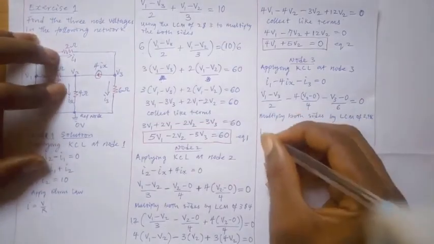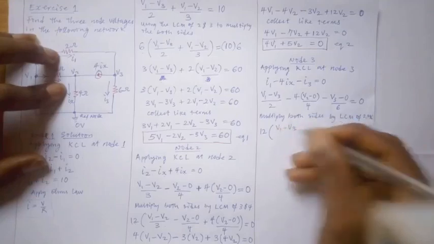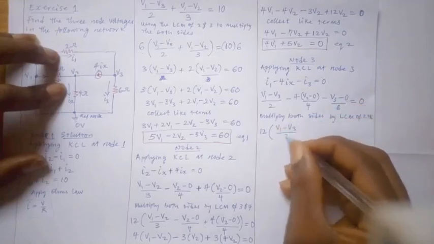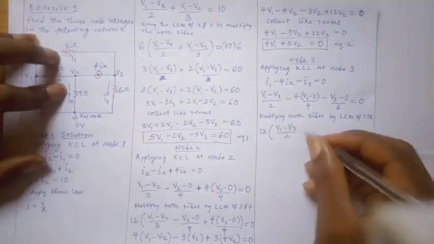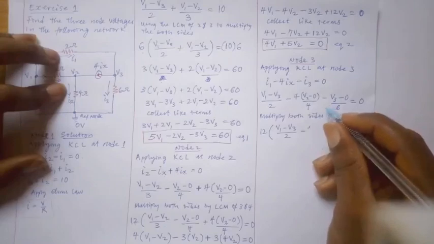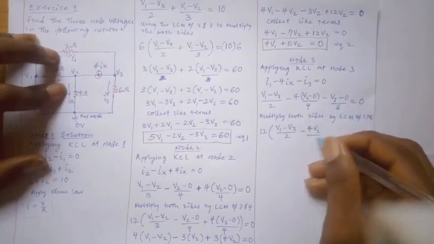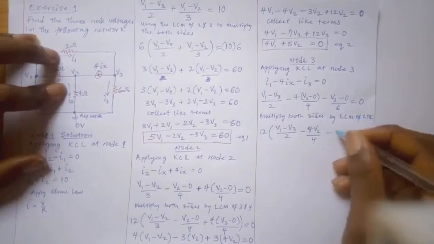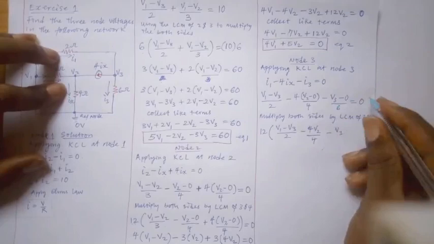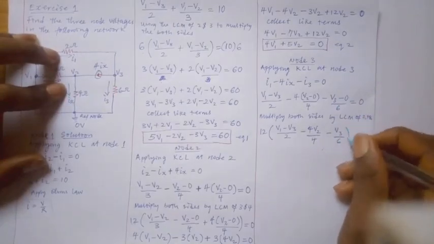We now say 12 into bracket V1 minus V3 over 2. Okay? Minus 4V2. Let's multiply it straight. 4V2 over 4 minus V3. This V3 minus 0 is V3 also. So over 6. No need of writing it.